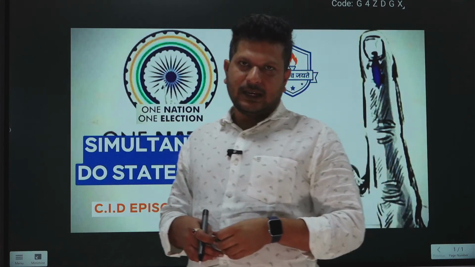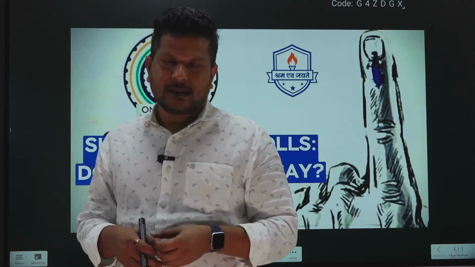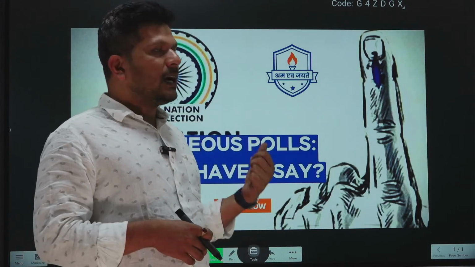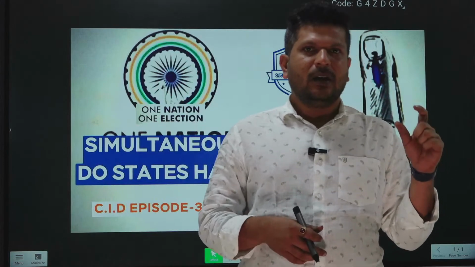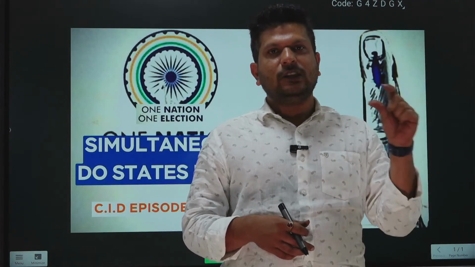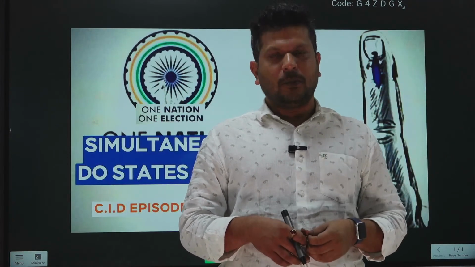So the government states that these are the two major reasons why the country should go for the one nation, one election concept, or simultaneous elections for the union and the state.